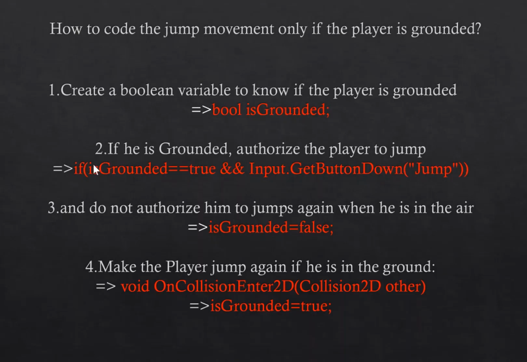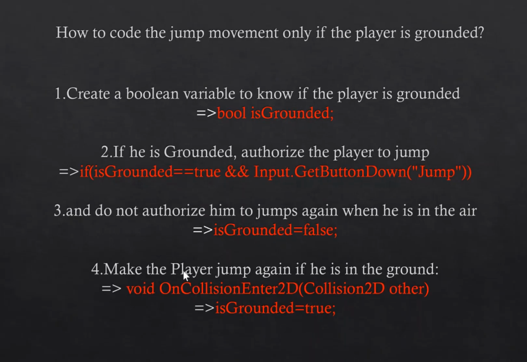The first one, you must verify that the player is really grounded, and second, the player must jump only if you press the spacebar. Then when he's in the air, you must not authorize him to jump. So you write the variable isGrounded and set it to false.